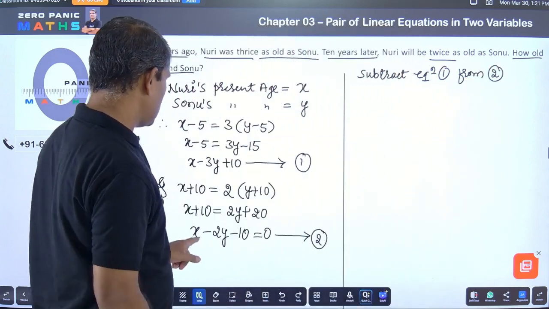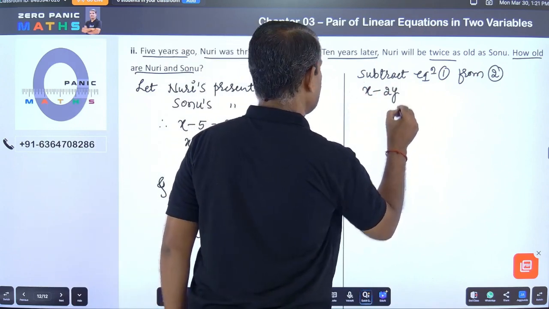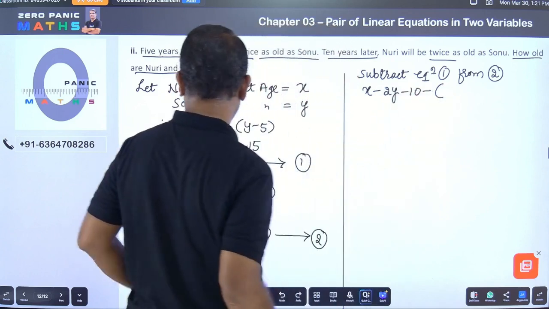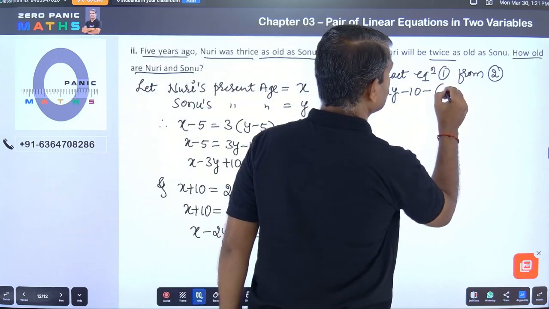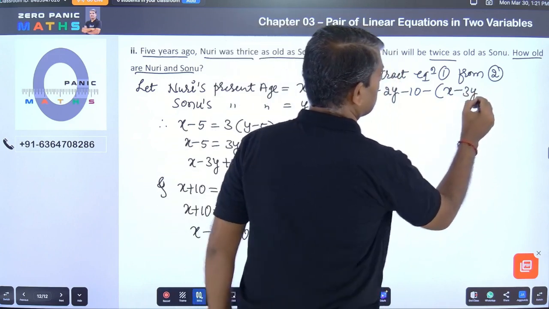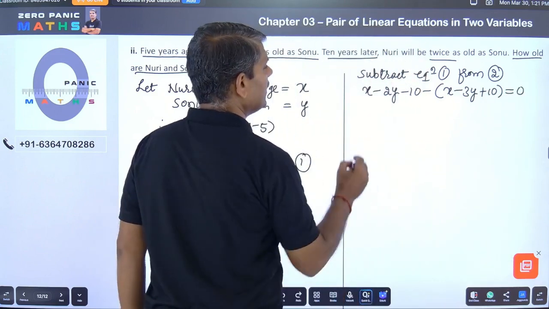So let us write x minus 2y minus 10 minus of x minus 3y plus 10 is equal to 0 on the right side.